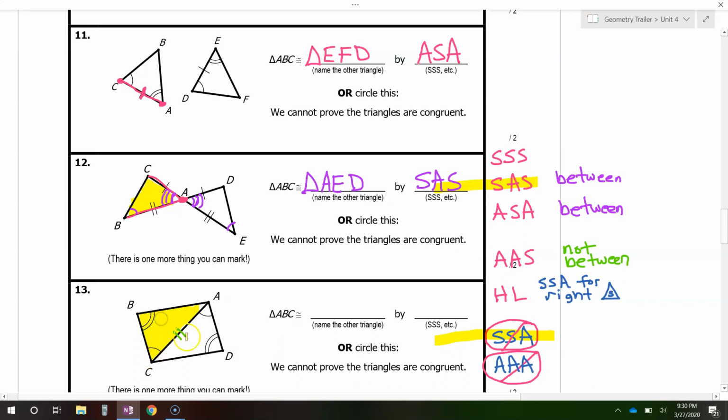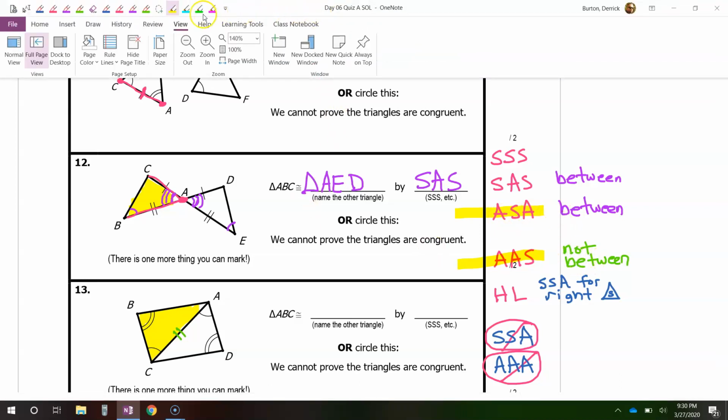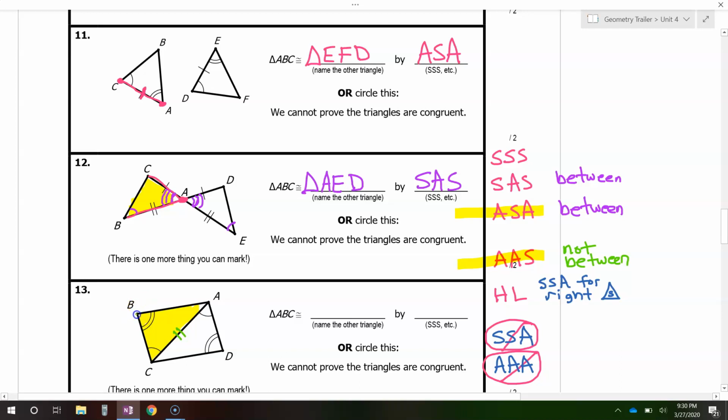Okay, notice as we look at this triangle, what do we have marked? We have two angles and a side. Two angles and a side. What are the possibilities? Well, it could either be this one or this one. Those are the two that have two angles and a side. The question is between. Is the side between the two angles or not between? Well, check it out.